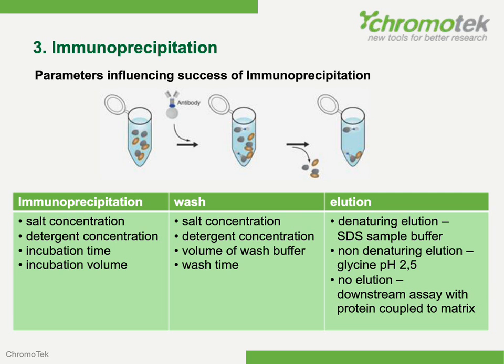But please keep in mind that immediately after elution, you have to neutralize your protein, because otherwise it will also be denatured in glycine. Depending on your downstream application, it might also be an option to use your protein bound to the beads. Like this, you can avoid the problems with elution.